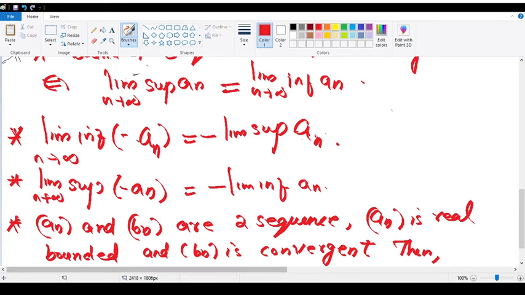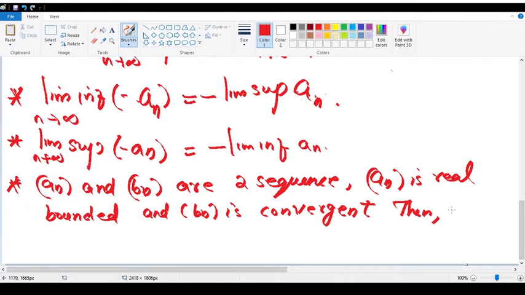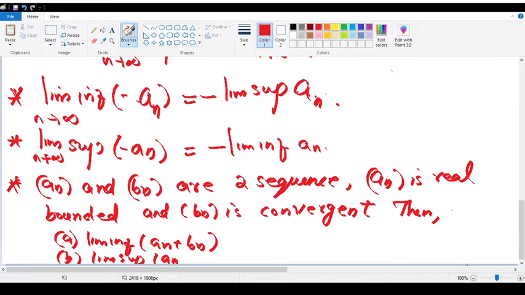Then what can you say about limit inf of an plus bn and limit sup of an plus bn?